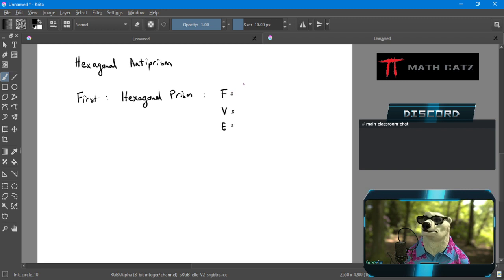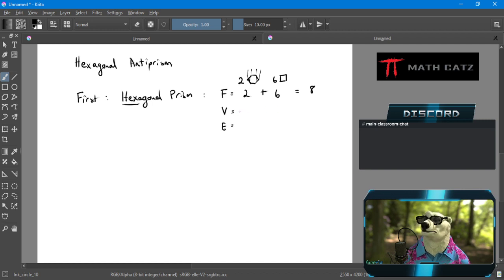So my faces will be two hexagons, because that's the base at the top and the bottom, plus 6 squares along the side, because of the hexagon. They have walls up, 6 of them for either side. So I have 8 faces.